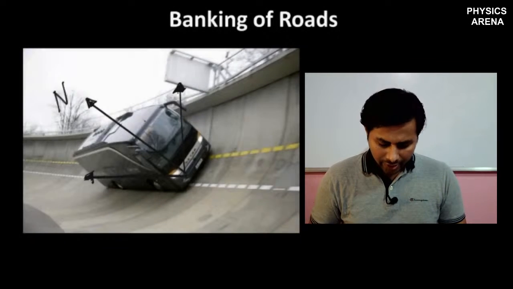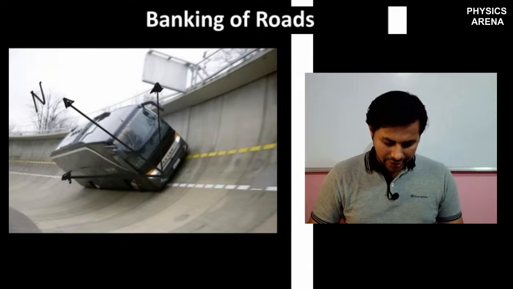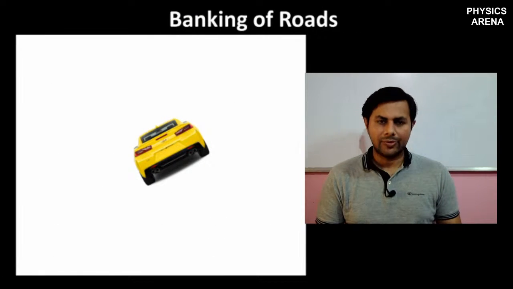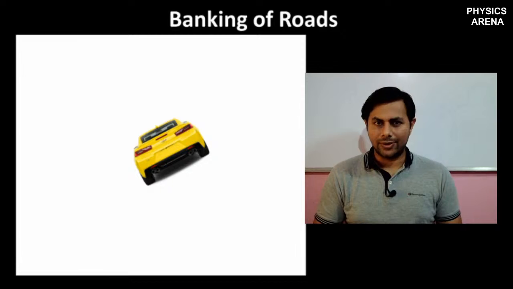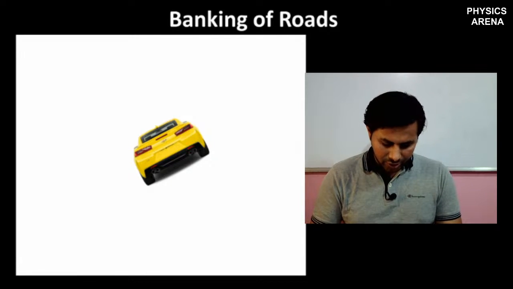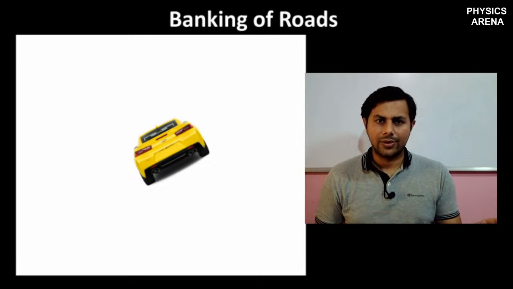Okay, good. So now the next thing we'll do is derive an expression for the safety speed for curved banked roads. Okay, so let's consider the motion of this car along a curved road which is banked.